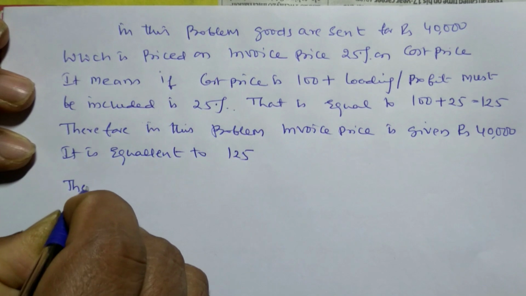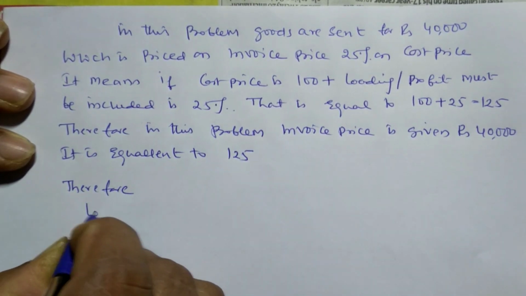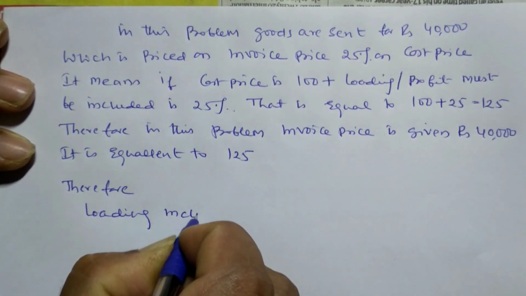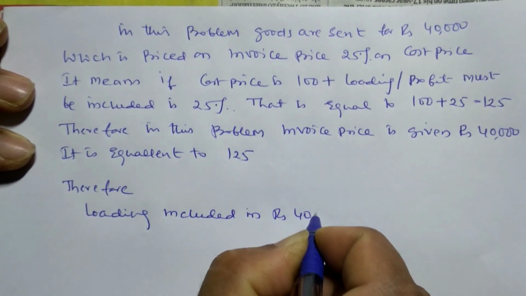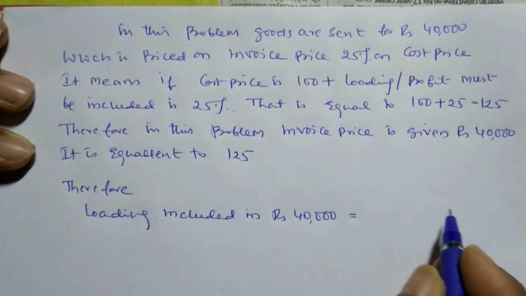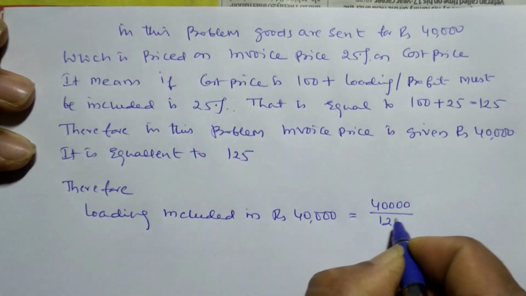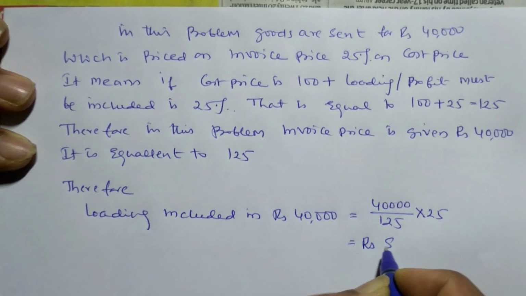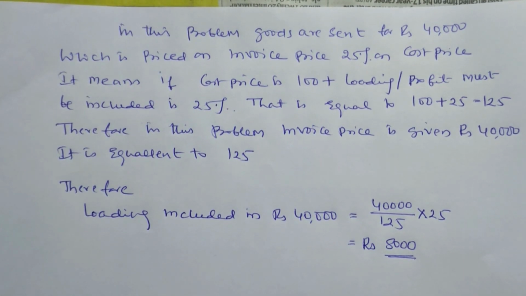Therefore, loading included in rupees 40,000 is equal to 40,000 divided by 125 into 25. It is rupees 8,000. This is loading on goods sent.